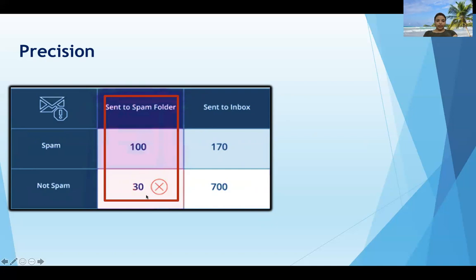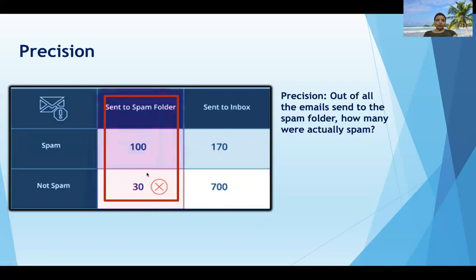Precision says that out of all the emails sent to the spam folder, how many were actually spam. Here we have 100 which are correct, so precision will be 100 divided by 130, which is all the emails we have sent to the spam folder, and that is 76.9%, which is higher. This is better because this model needs a high precision.